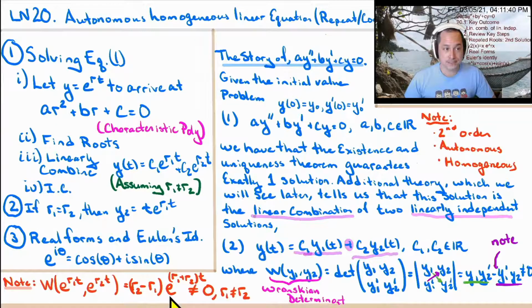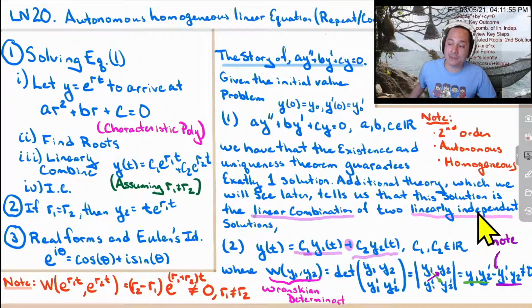Period. Right? This is big time for us because we are doing quadratic equations, right? And if they give us two different roots, which is typical, then I naturally have two linearly independent exponentials. And then once I have my linearly independent exponentials, I form their linear combination and I have my solution.